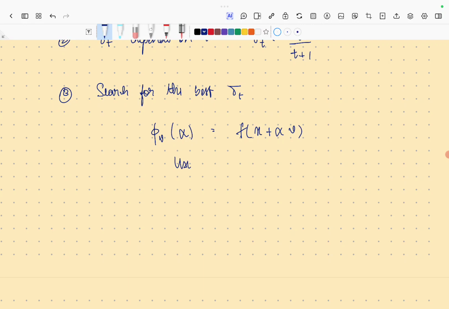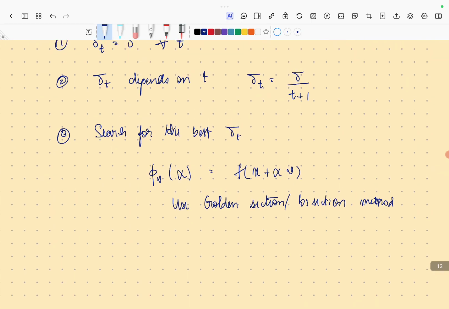So I can use the golden section or the bisection method. But in practice, typically you don't use something like golden section or bisection method because it's too computationally intensive. You don't want to find the exact minimum.